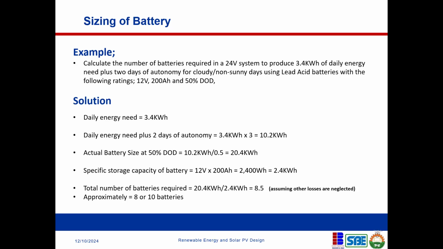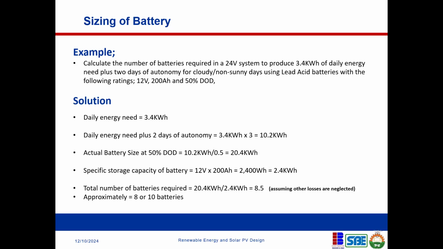Somebody asked a question, why multiply by 3 instead of 2? I think it's all wrapped around the same issue. First of all, our demand was 3.4. And then we added 2 days for autonomy. Those 2 days will be 6 point something. How do you arrive at that 10.2, maybe in a new installation?